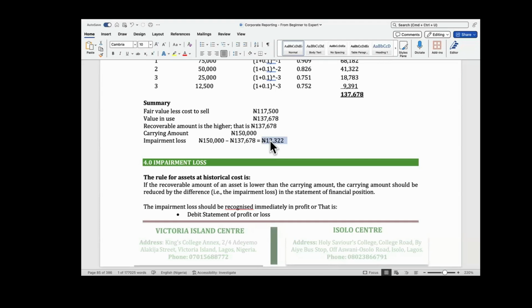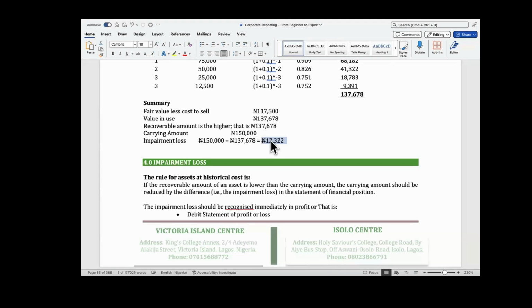That means that for a revaluation deficit or impairment loss, you will not take it to P&L straight because there is an earlier surplus. If there is an earlier surplus, you take it to OCI to nil off that surplus first. That's how you treat it if there is an earlier surplus.